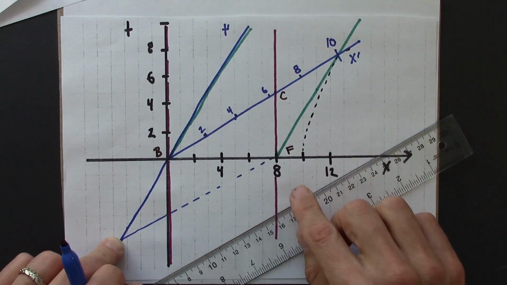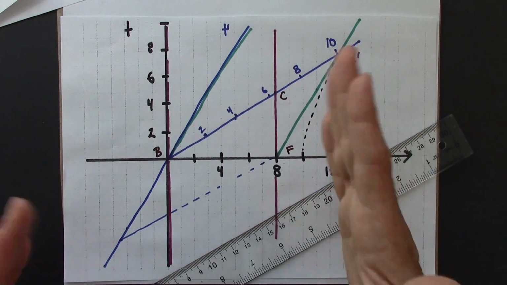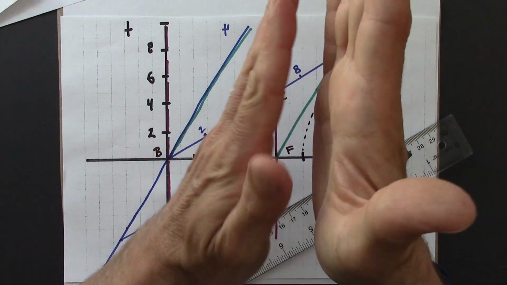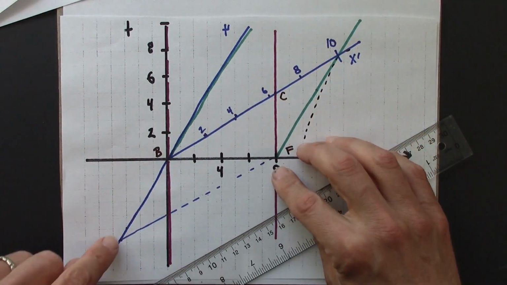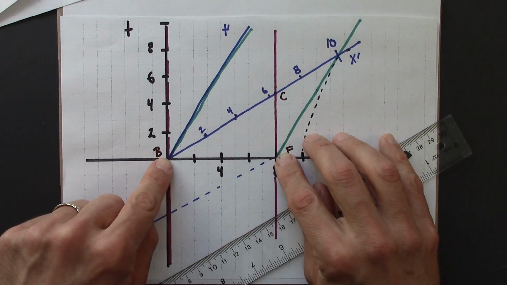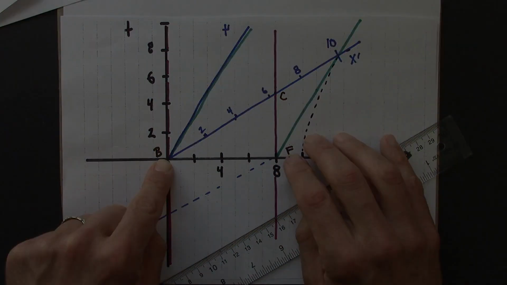So Beowulf sees that the front of his pole aligns with the front of the barn well before the rear of the pole aligns with the rear of the barn. So events B and F are not simultaneous at all.